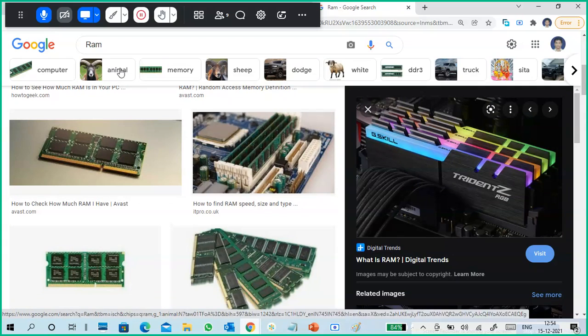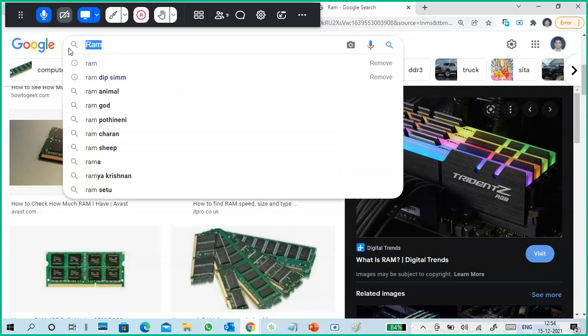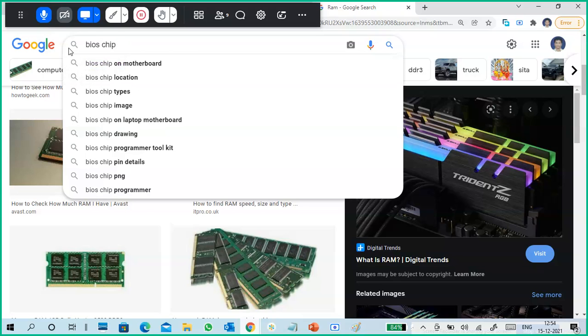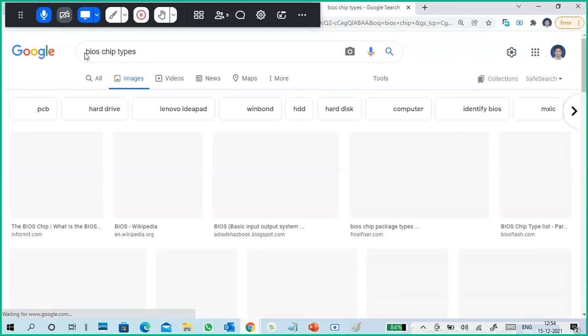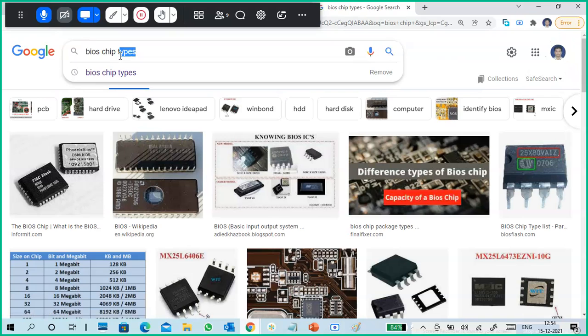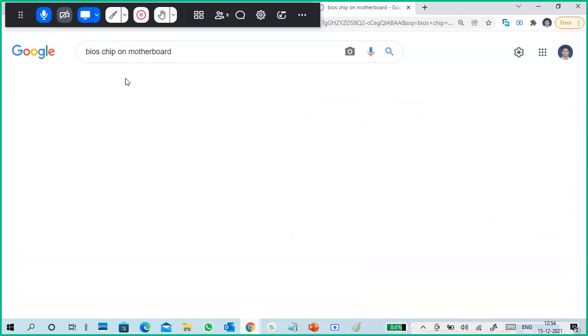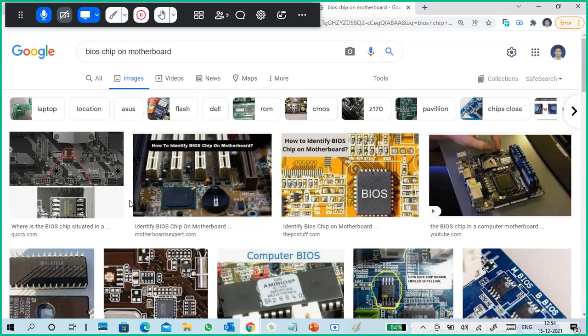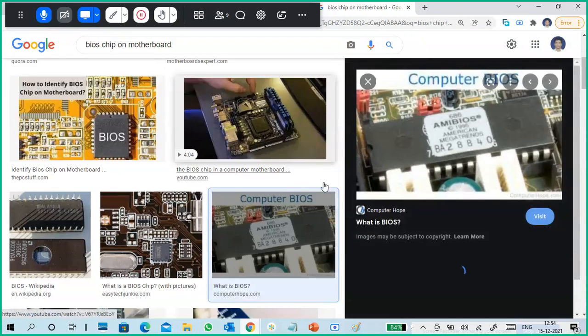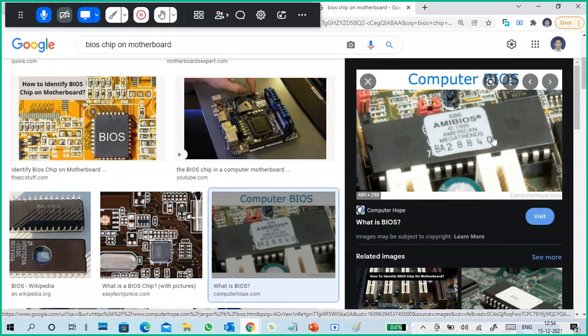But if you go to the ROM, ROM is a very big chip, usually on the board just like this.